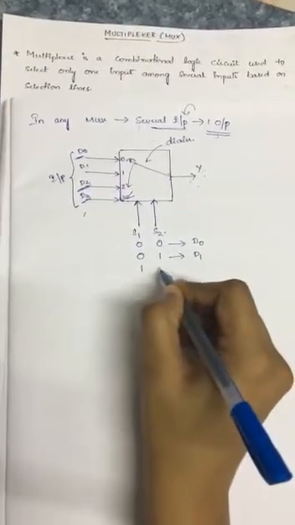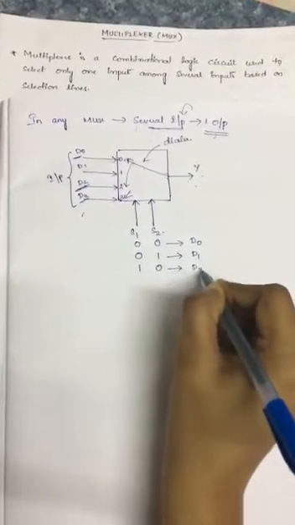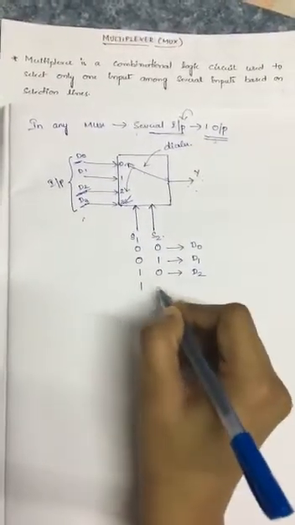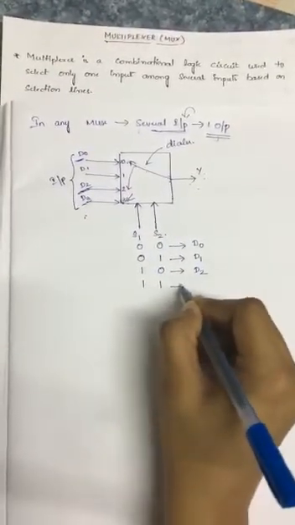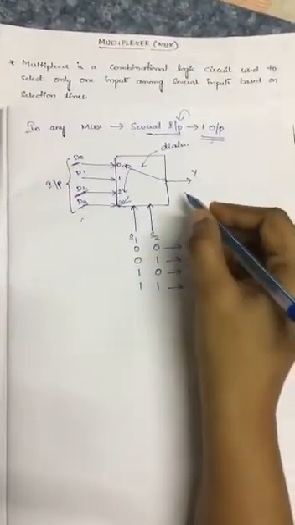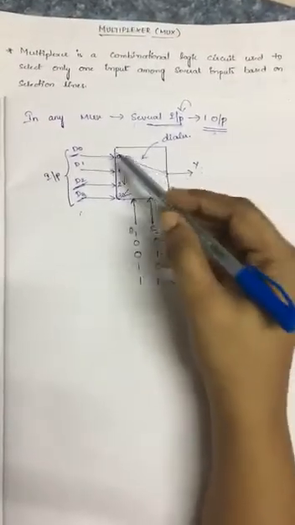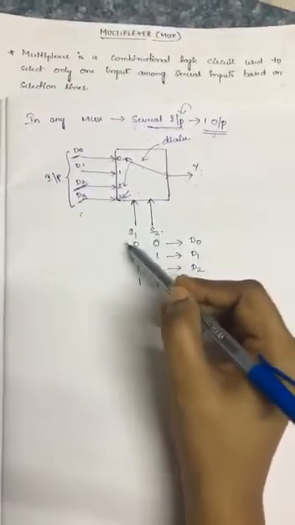If your selection lines are 1 0, it is going to take your output as D2. And if your selection lines are 1 1, it is going to take D3. That's how your multiplexer is going to select one output from several inputs based on your selection lines.